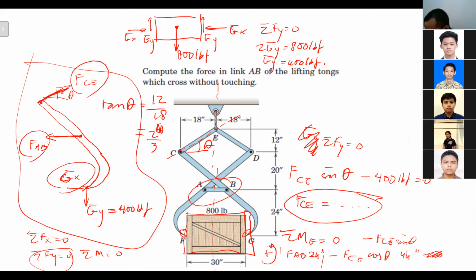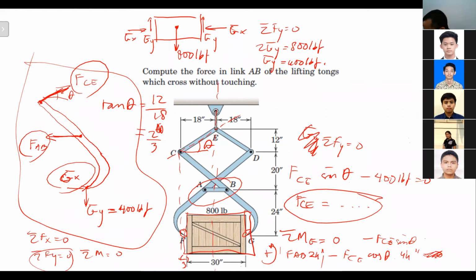So the horizontal distance here is supposed to be 18 minus 15, so it's supposed to be 3 here. So 36 minus 3, that's the answer, 33. You understand why 33?